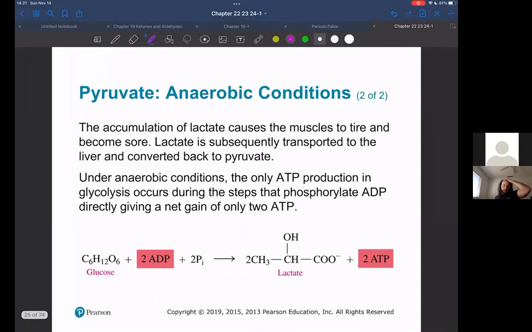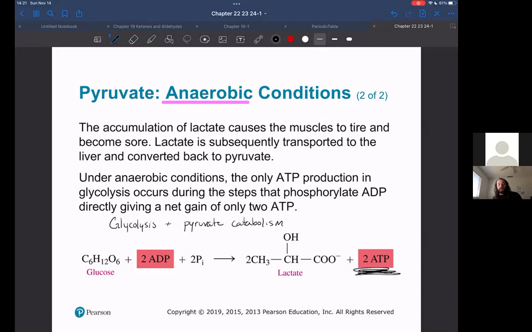So if we're under anaerobic conditions, the net of both glycolysis plus the pyruvate catabolism is that we only generate the two molecules of ATP that were created in glycolysis.